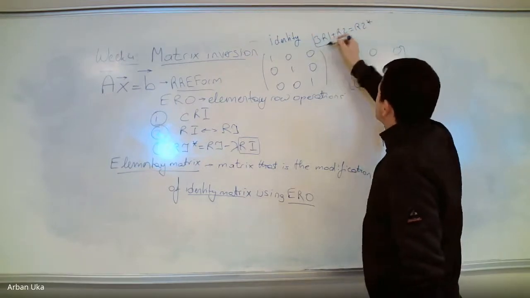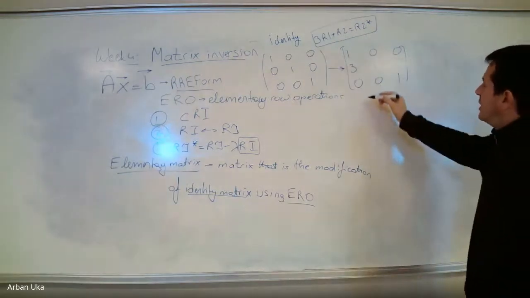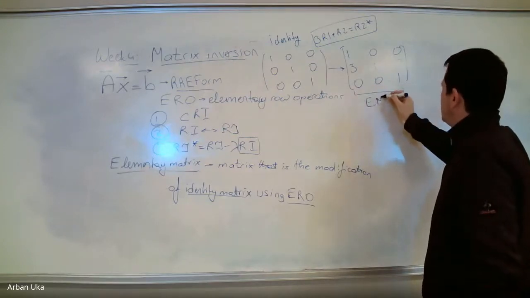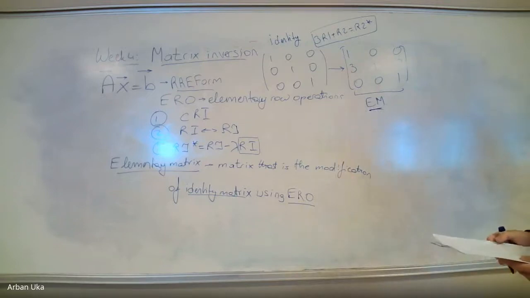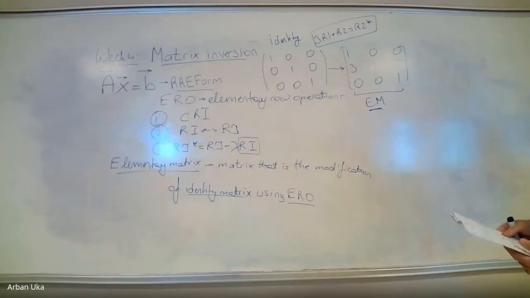Using this operation, we can get this matrix, so we call this one an elementary matrix. This is the definition of an elementary matrix.